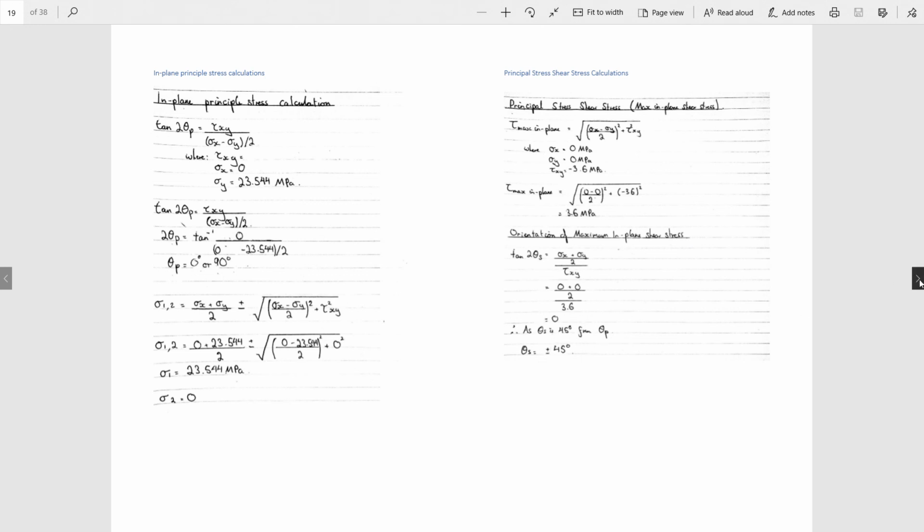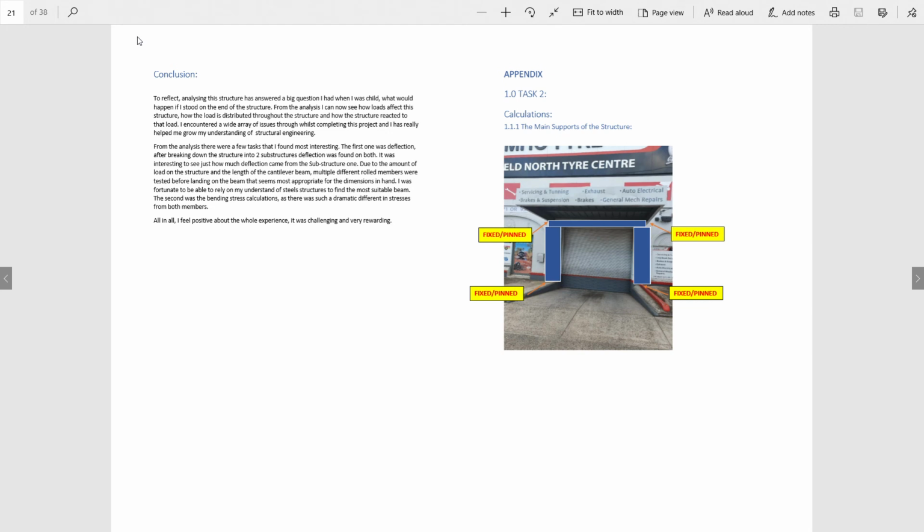All good. And then our conclusion. Right, so in our conclusion, I'm just going over why I found it interesting, what was interesting about the deflection that was found. I've gone over already what I found interesting about the bending stress, the disparity, the fact that I've worked out both calculations, not just one.